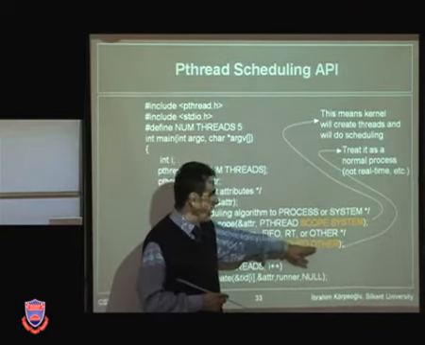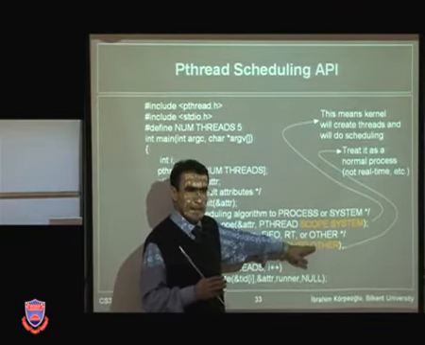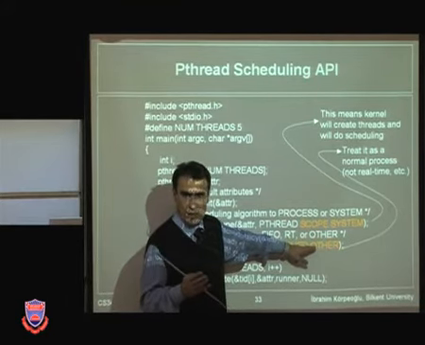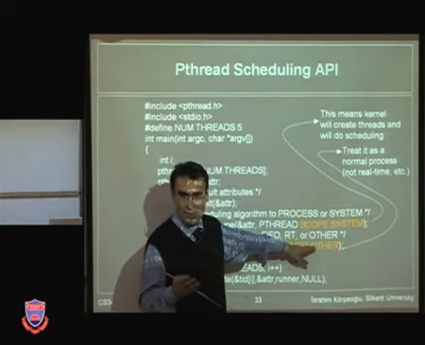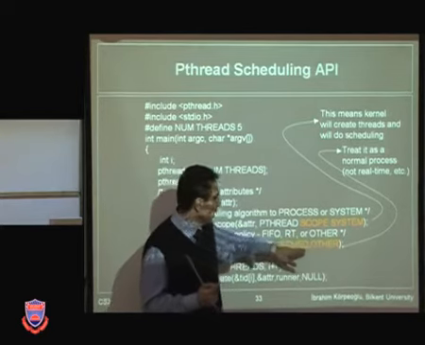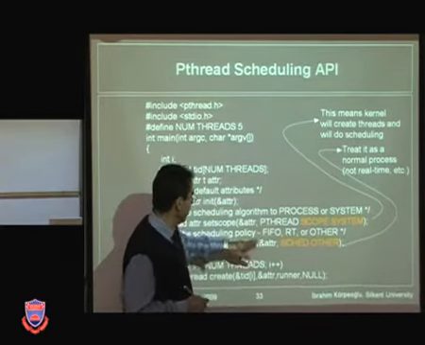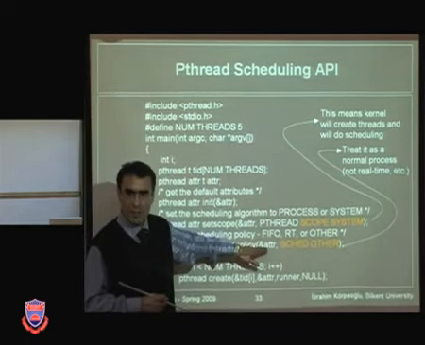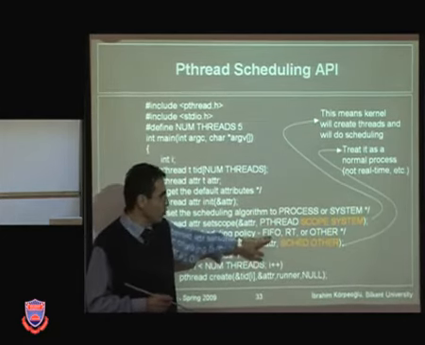For example, SCHED_OTHER means that thread is an ordinary thread, like editing something, an interactive process. But you can also specify the thread to be scheduled using FCFS. If it's a batch process, then you can specify the policy to be FIFO.